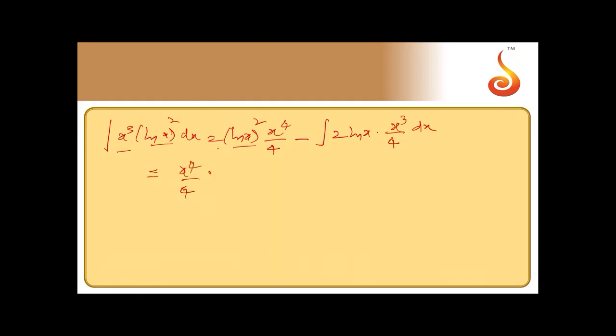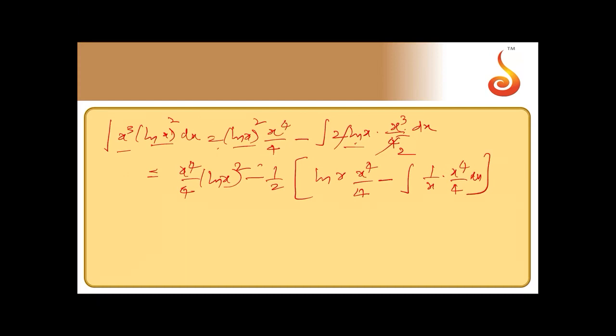Again we'll be getting x power 4 by 4 (log x) taken whole square, minus of course 1 by 2 times integral of, again by parts, log x into x cube. The integral of x cube is x power 4 by 4, minus integral of the derivative of log x, which is 1 by x, into x power 4 by 4 dx.